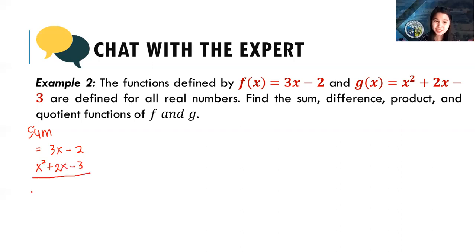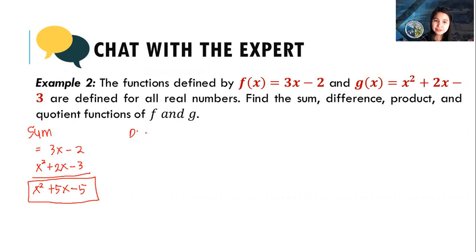So our sum function will be x squared, 3 plus 2, that's 5x, negative 2 minus 3, that's negative 5. So this will be our sum function.